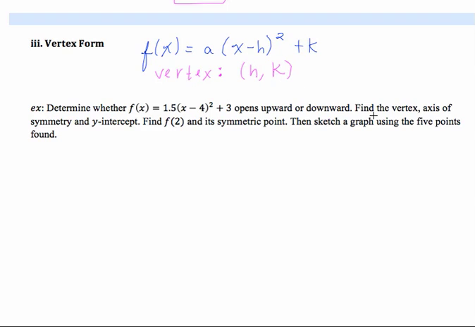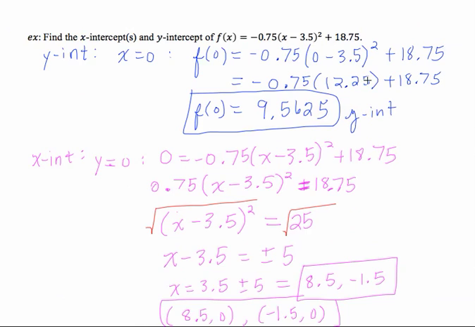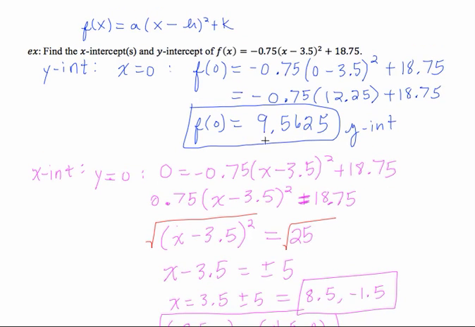So before I go on, actually I want to go up and find the vertex of this one right here. Okay, and let me write the standard form over here. So vertex form says f of x equals a times x minus h all squared plus k, and the vertex is at h, k. So in this example, notice I'm going to match the minus sign.